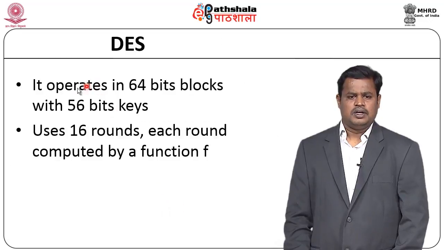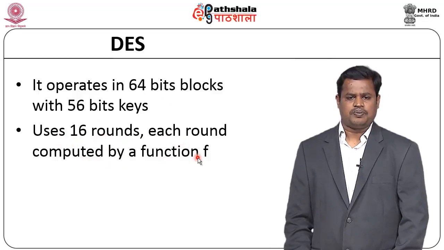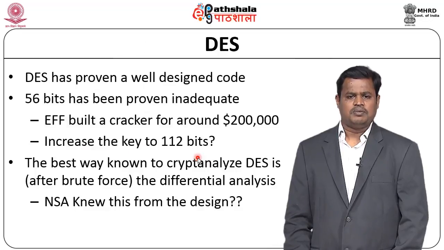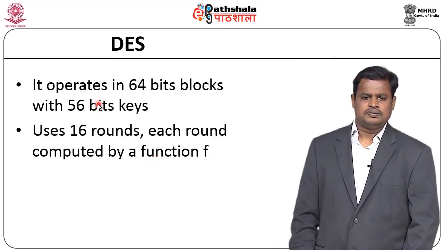So, DES operates on 64 bit blocks with 56 bit keys and uses 16 rounds, each computed by a function f. Apart from this, we already know about this algorithm.